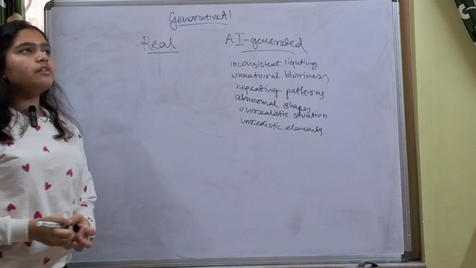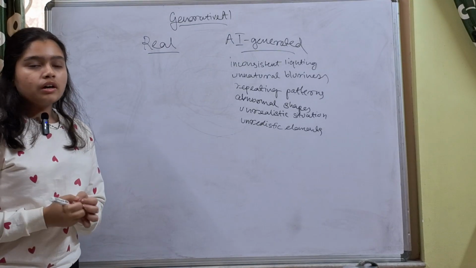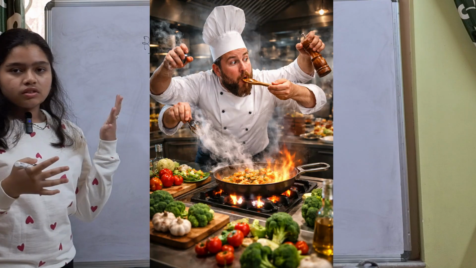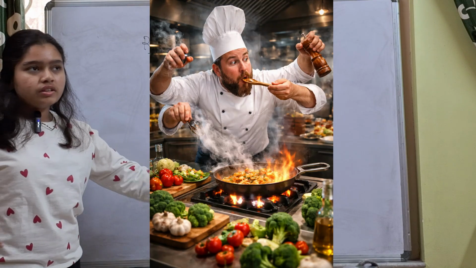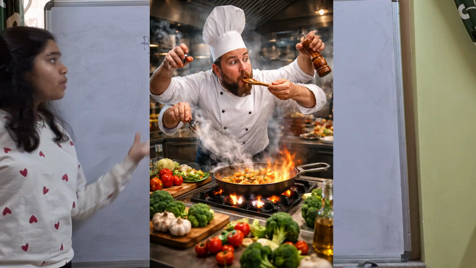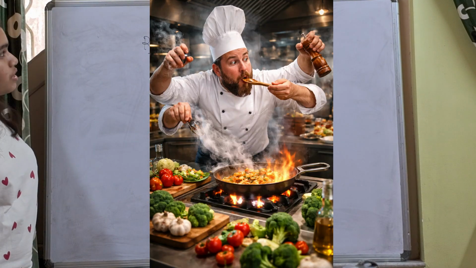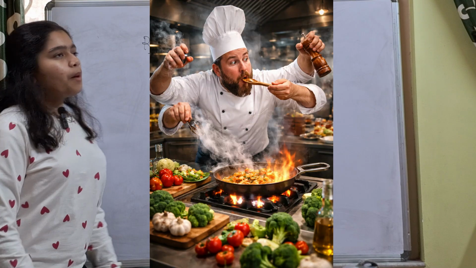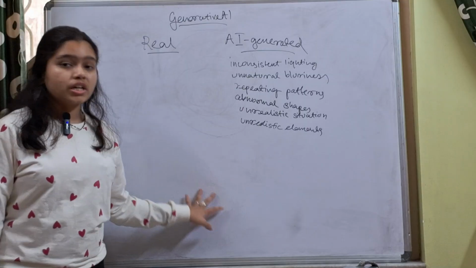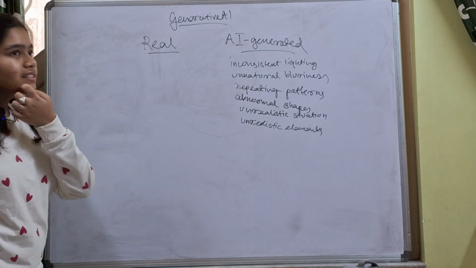Certain people in AI generated images have 6 fingers, 3 hands, 1 more head, or 3 eyes. All of this is AI generated, and this happens due to a reason which we'll come to later when we learn about noise.